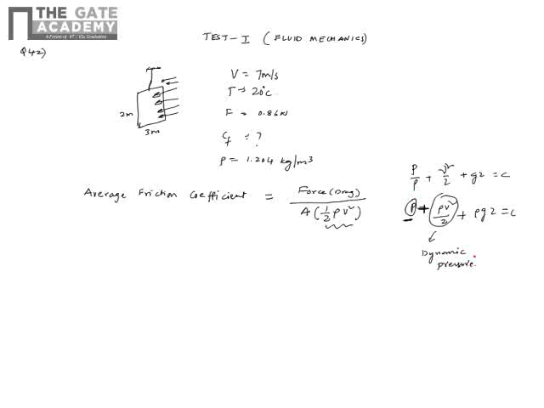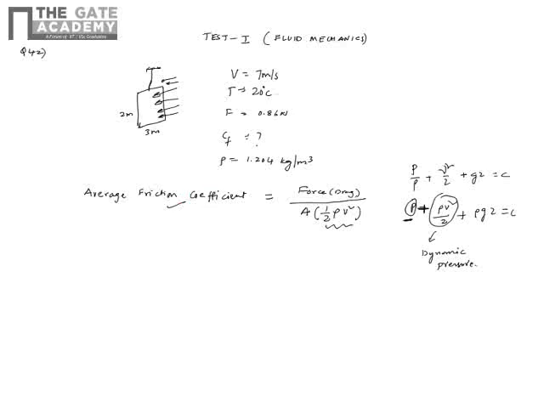Together they are called stagnation pressure, because if you bring the flow to zero velocity, P plus half rho v square will be the total pressure acting when the flow has become stagnant. This non-dimensional number appears in boundary layer when you do a non-dimensional analysis, and this is how it is defined.